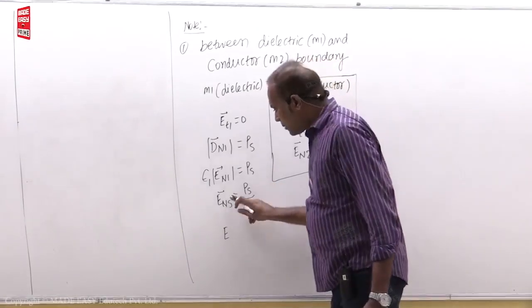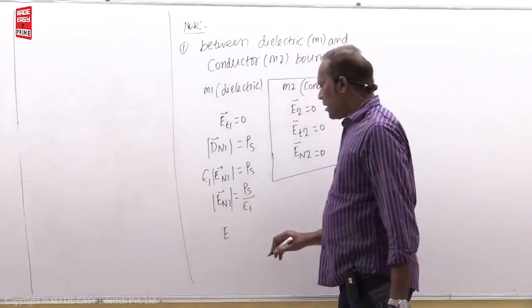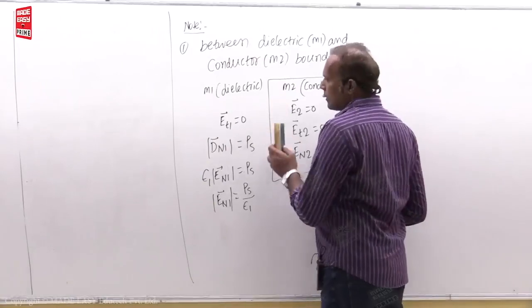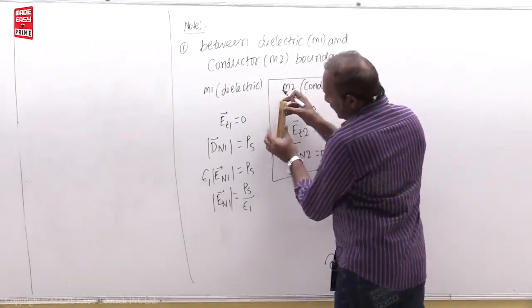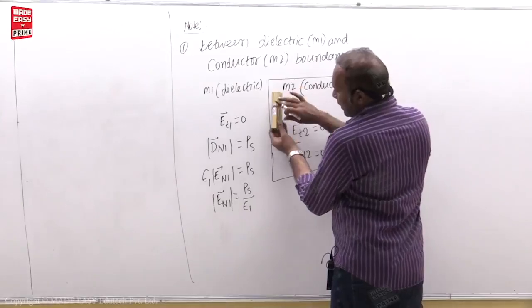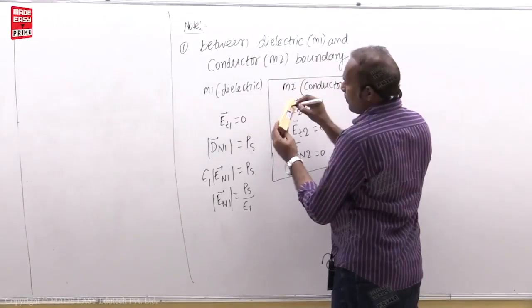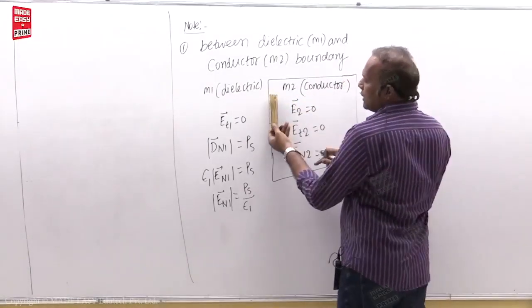So that means what did I write here? Modulus of En1 is equal to rho s by epsilon 1. So what is this rho s, students? Now I will explain the meaning of this. For example, on this conductor surface, positive rho s is there.